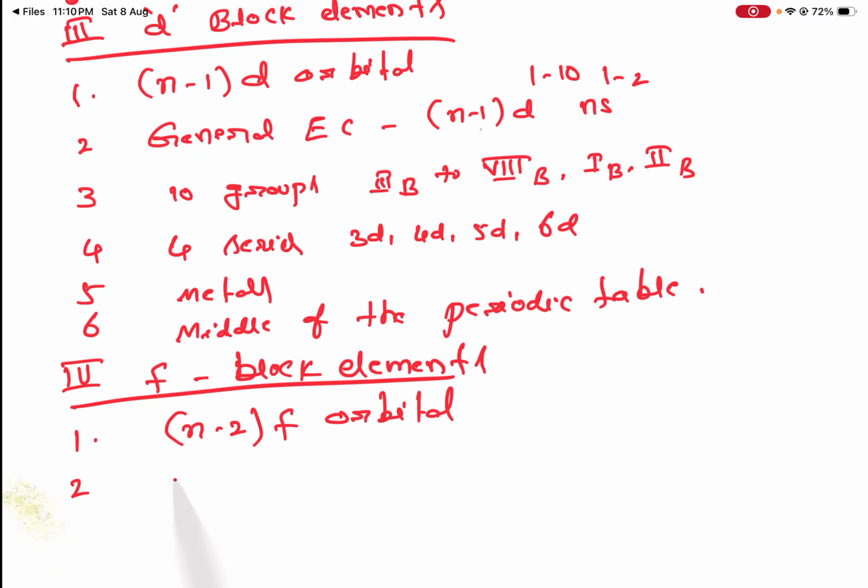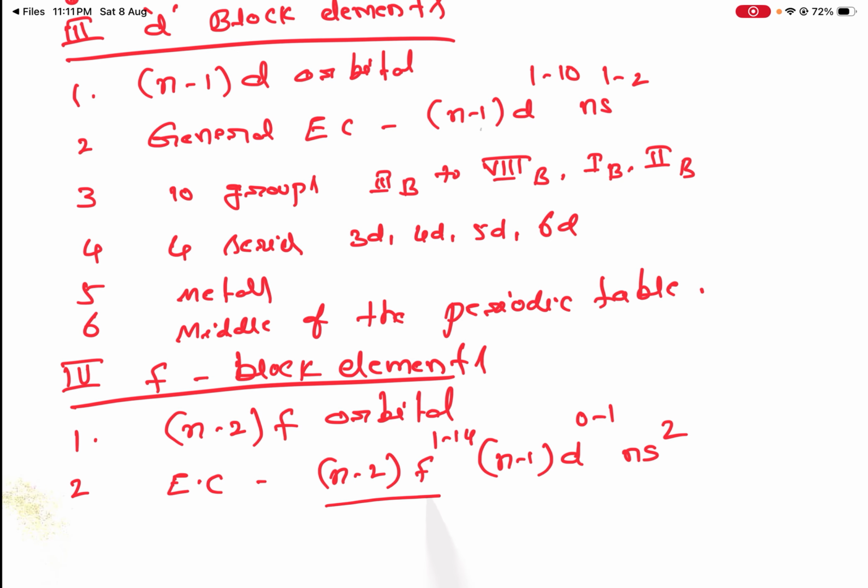The general electronic configuration of f block elements is (n-2)f1 to 14, (n-1)d0 or 1, ns2. So this is a very important electronic configuration.